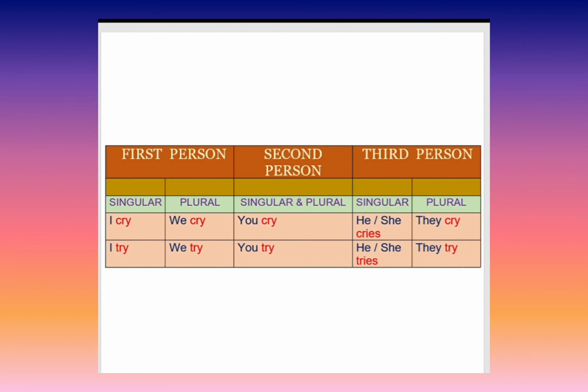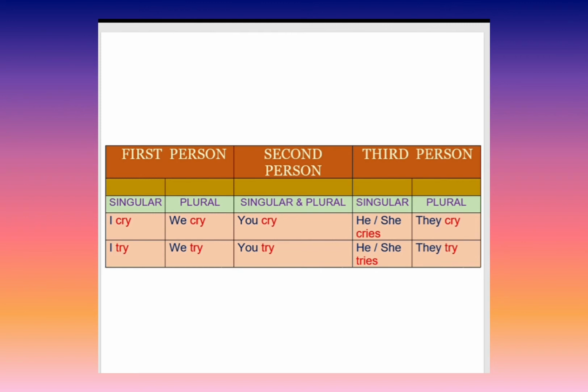And the second row: I try, we try, you try, he tries, she tries, they try. Now here you can see the word is ending with y, and when we are doing it for the third person singular, the spelling becomes CRIES.